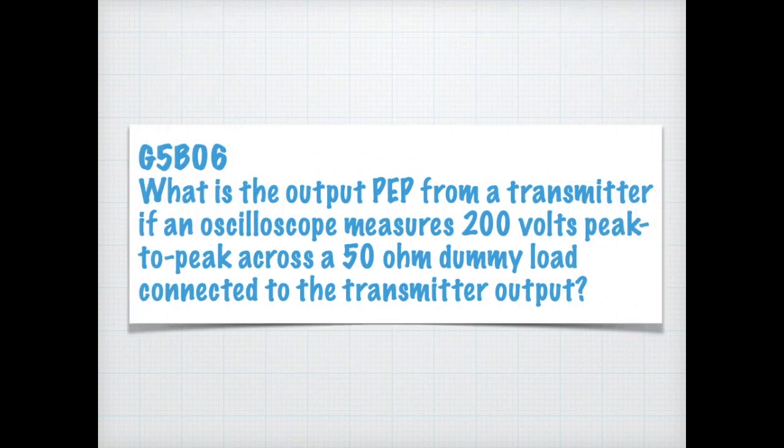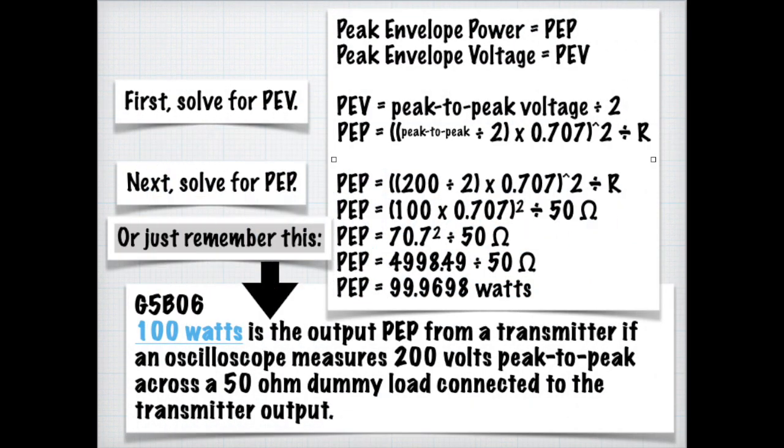You might encounter this question on your exam. What is the output peak envelope power from a transmitter if an oscilloscope measures 200 volts peak to peak across a 50 ohm dummy load connected to the transmitter output?